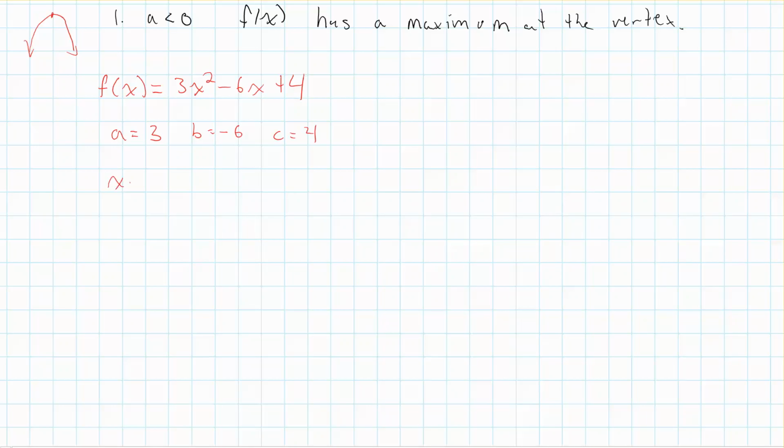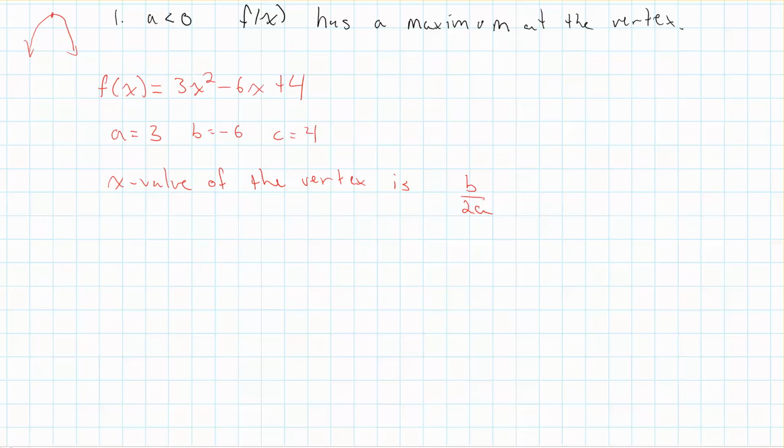So then the x value of the vertex is negative b over 2a.